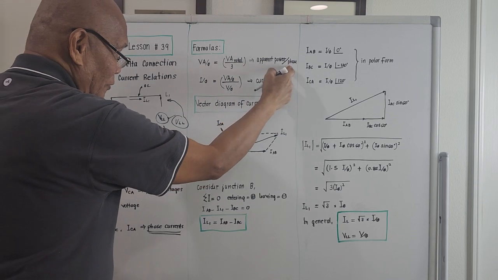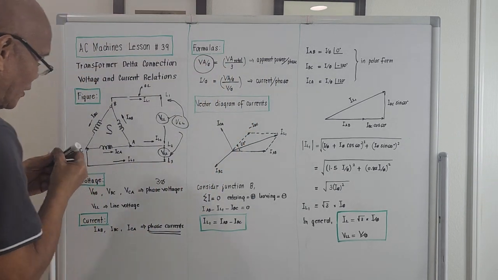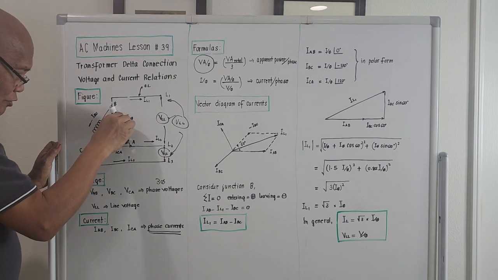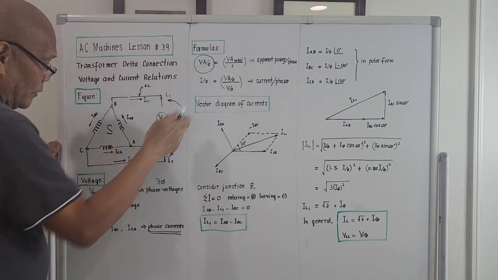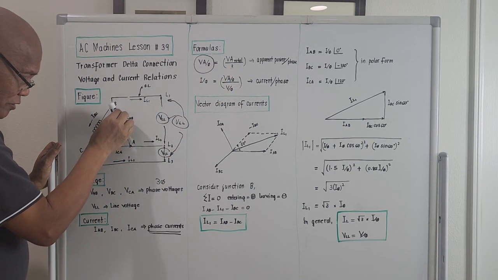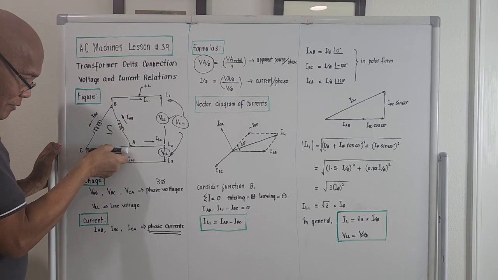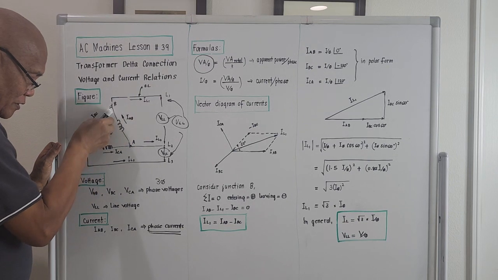Meaning, if you take the apparent power that would be carried by each winding, it is this formula here. And if you want to compute the magnitude of the current passing through its phase, the magnitude will be the same. As long as the load is balanced, the current per phase will be the same.